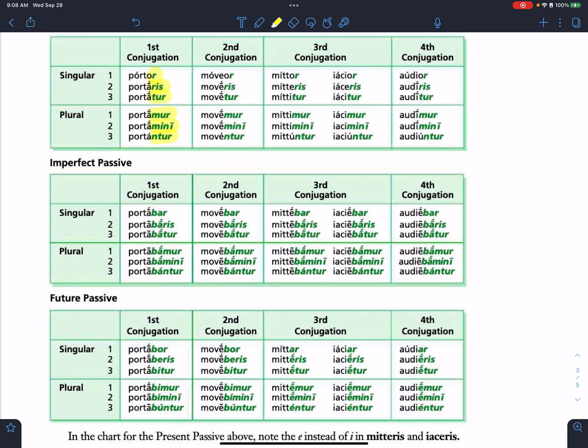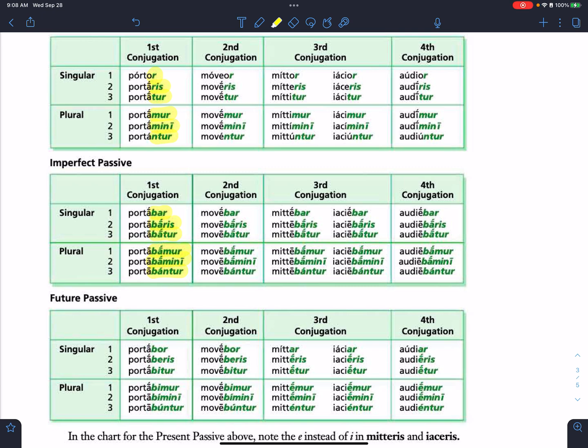Okay, let's keep going. Now, imperfect tense. What do the imperfect sheep say? Ba, right? So essentially all you're doing is adding the BA tense marker for the imperfect tense, but you're using the same endings. So it's BA plus r, BA plus ris, BA plus tur, BA plus mur, mini, ntur. Okay, the pattern follows.